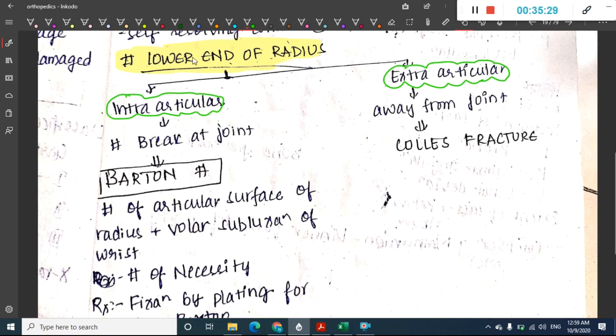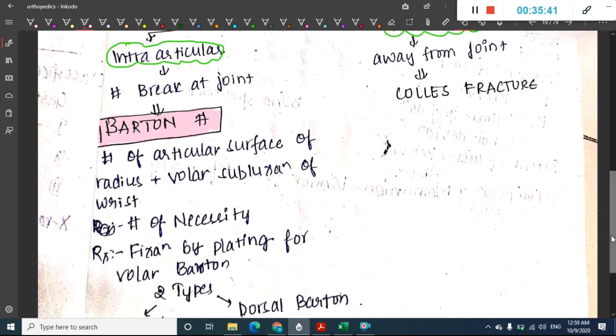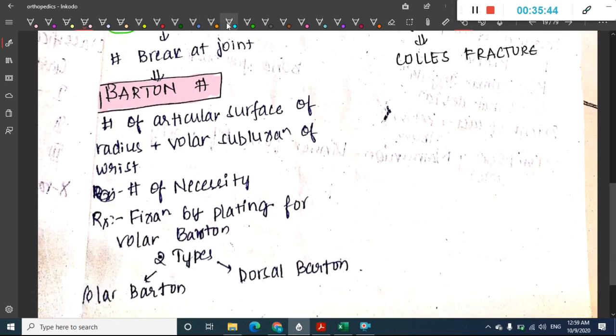Those which break at the joint are called intra-articular fractures. An example is Barton's fracture, an intra-articular fracture of the lower end of the radius, along with volar subluxation of the wrist.